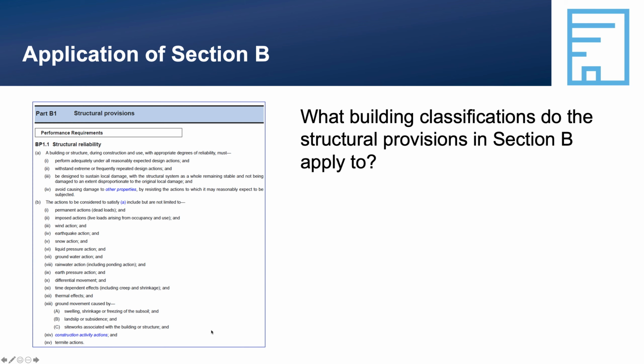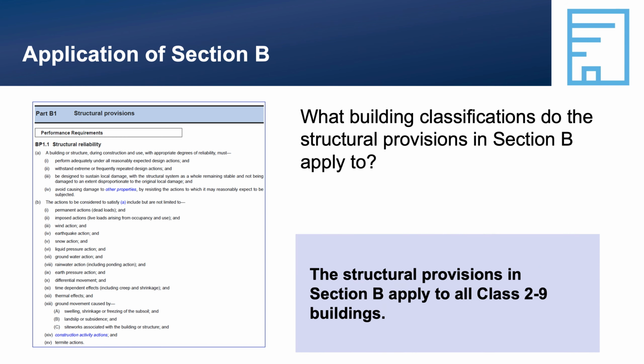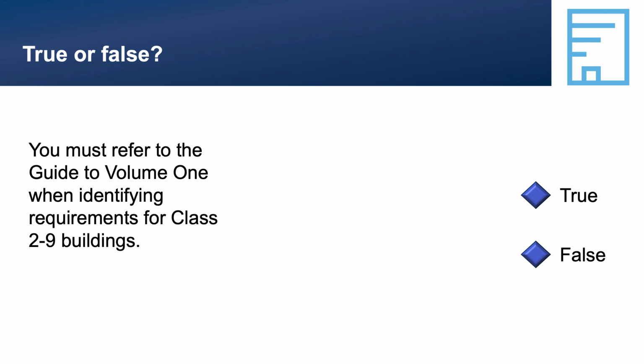What building classifications do the structural provisions in Section B apply to? The structural provisions in Section B apply to all Class 2 to 9 buildings. Other sections of Volume 1 contain provisions that might apply to one or more classes of buildings and may have limitations in their application based on things like the building height, rise in stories, etc. True or false?